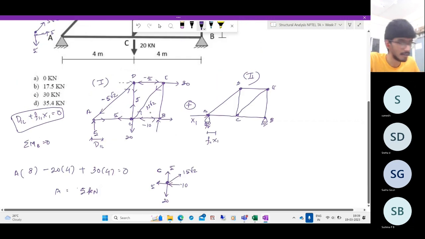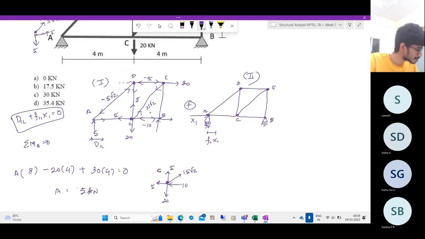Is this 15 to 15 root 2? Let me check. Something is not quite correct.